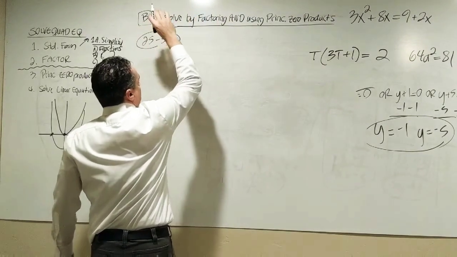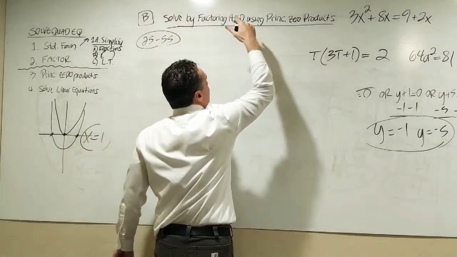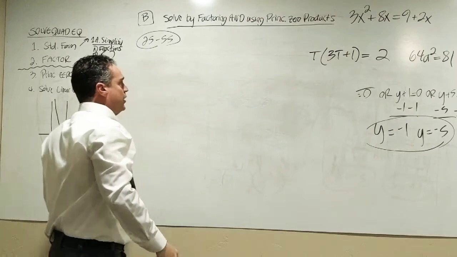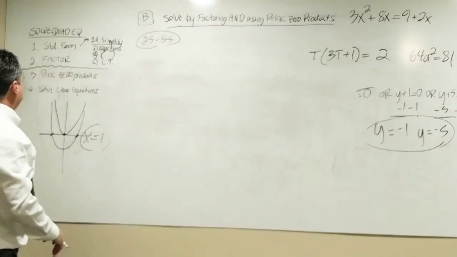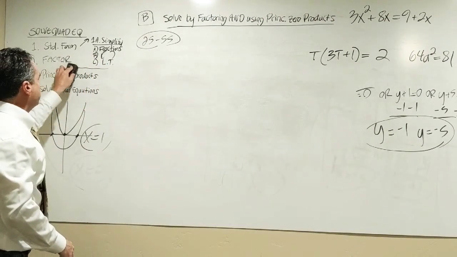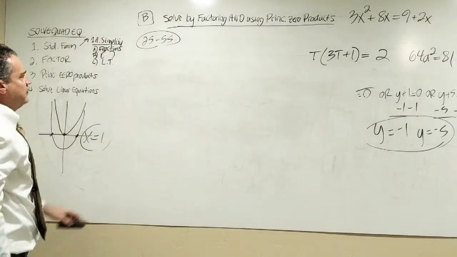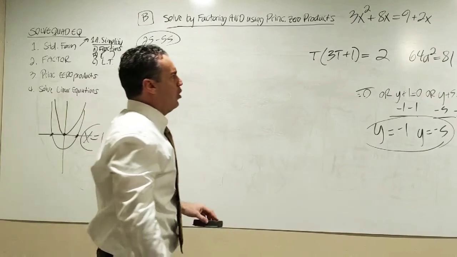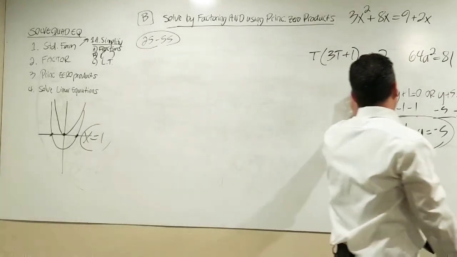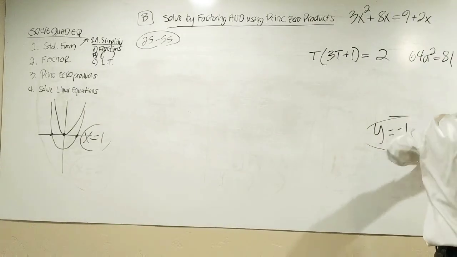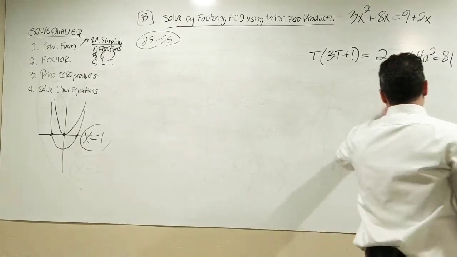Part B says solve by factoring and using the principle of 0 products. Where before we had this little squiggly line, in all these problems, the 2 we just did and the rest of these, we are doing the whole process, and this is numbers 25 through 55 in your homework. I want to take this next problem, t times 3t plus 1 equals 2, okay?